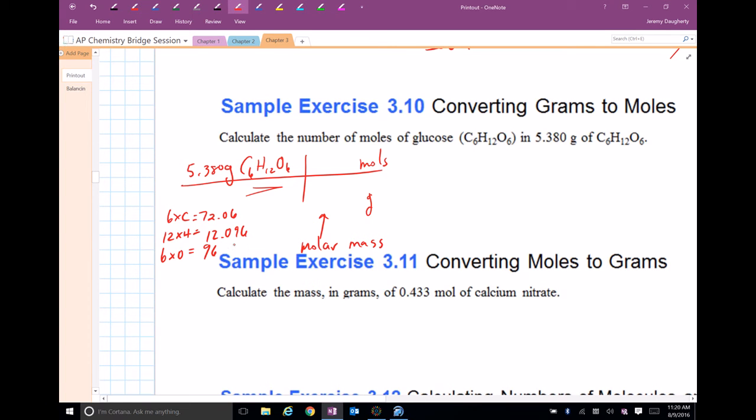Add all that together. I get 180.156 grams per mole. So 1 mole for every 180.156 grams.